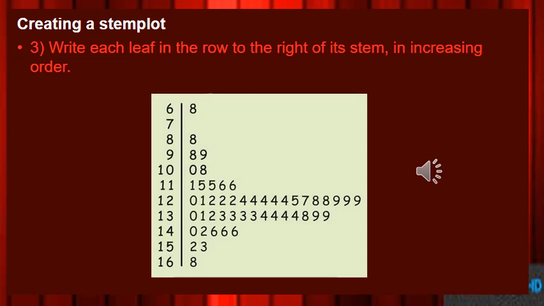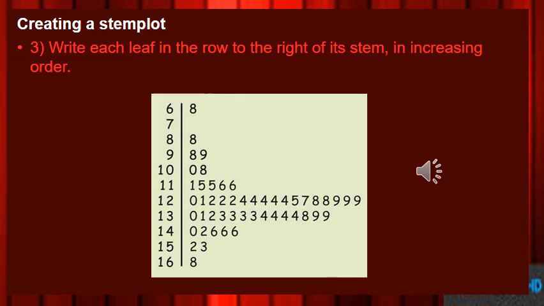I always put my unit digits in ascending order in the leaves, on the right side of the bar. My mode here is in the 120s. This is where I have the largest number of observations. I have 120, 129, 122, again 122, and so on.